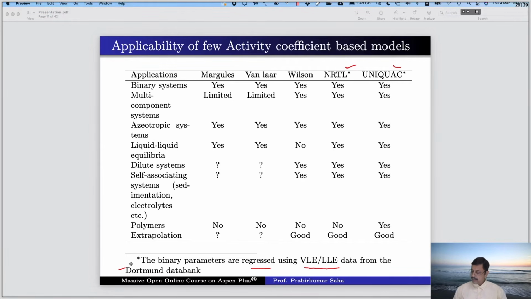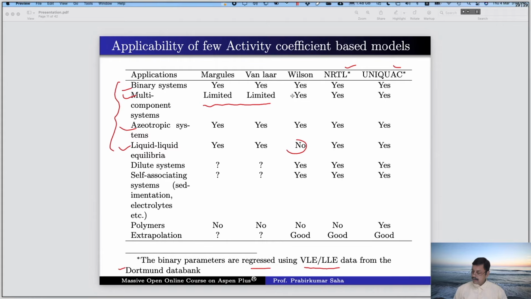Now we see that for binary systems, multi-component systems, azeotropic systems, and liquid-liquid equilibrium, almost all the activity coefficient based models work, except the Wilson model doesn't work for liquid-liquid equilibria, and the Margules and Van Laar models have limited applicability to multi-component systems.